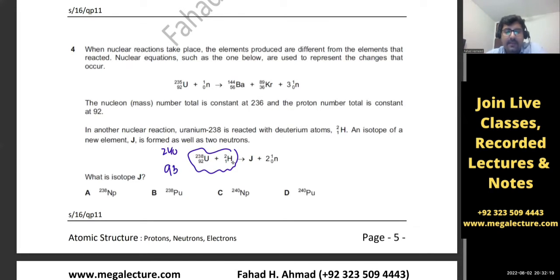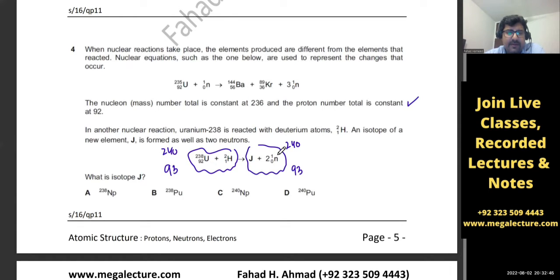दूसरी side पे भी यही होना चाहिए. At the end of the day, you should have 240 as the nucleon number and 93 as the proton number. Remember, I'm just following this statement over here. ठीक है. So what is J then? 2 neutrons. So that means nucleon number में से क्या निकाल दें?